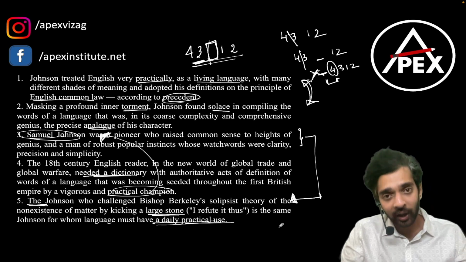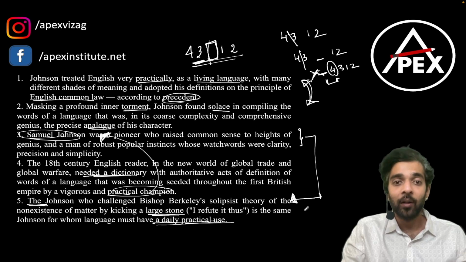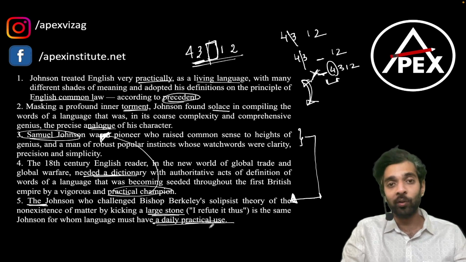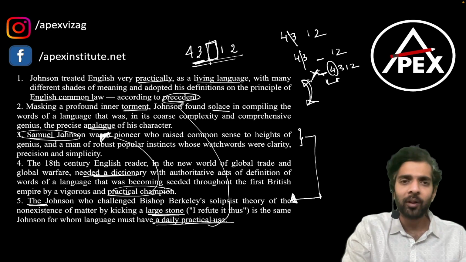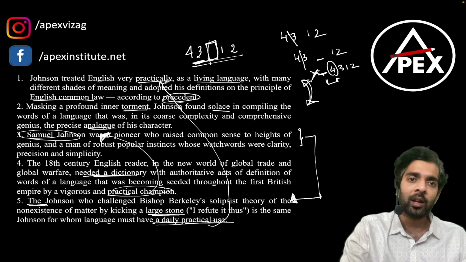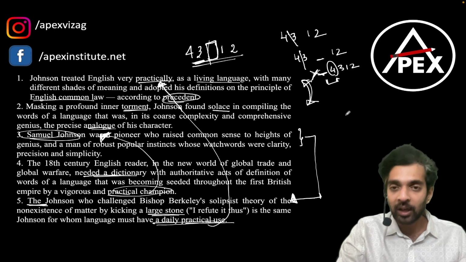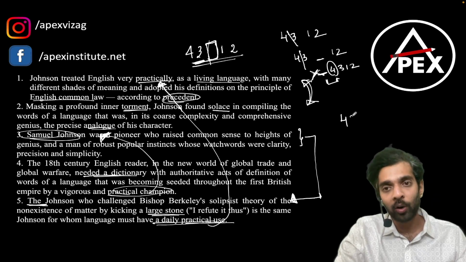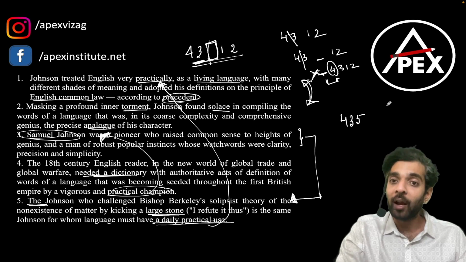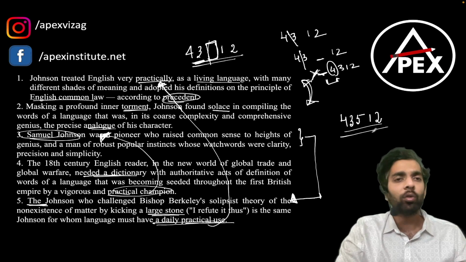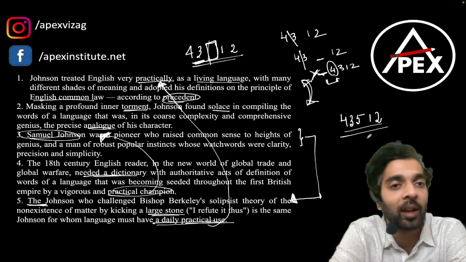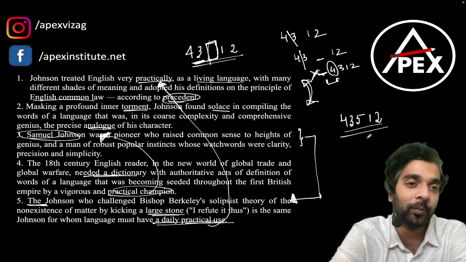And for him, language should have a very practical use. And guys, did we see practicality anywhere else? Obviously, we saw that over here, in statement 1. So clearly, my 4 and 3 are going together, and then I have 5 coming. The 5 is being linked with 1, and my 1 is being linked with 2. So clearly the answer should be 4, 3, 5, 1 and 2.